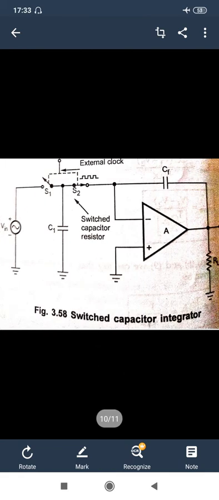The resistance R1 used in this circuit can be simulated by the switched capacitor resistor, giving the switched capacitor integrator circuit. Here we use the resistance in the form of a switched capacitor circuit, with switches S1 and S2 and the capacitor C1, with an external clock. The simulated R1 is equal to 1 upon C1 into F clock.